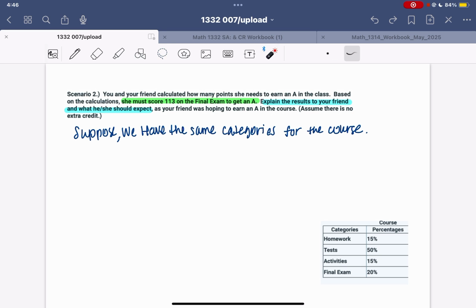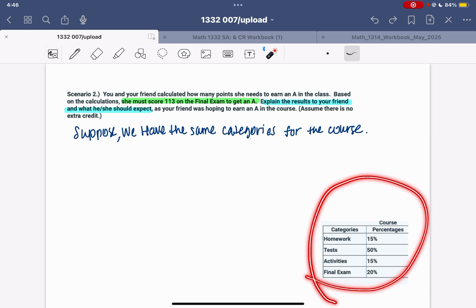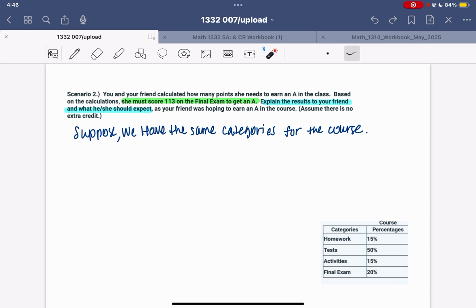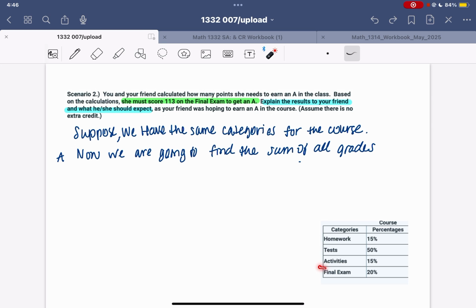So down here we're going to assume that we have the same categories in the course. Then for the A, we're going to find the sum of all grades, or categories: homework, tests, and activities.